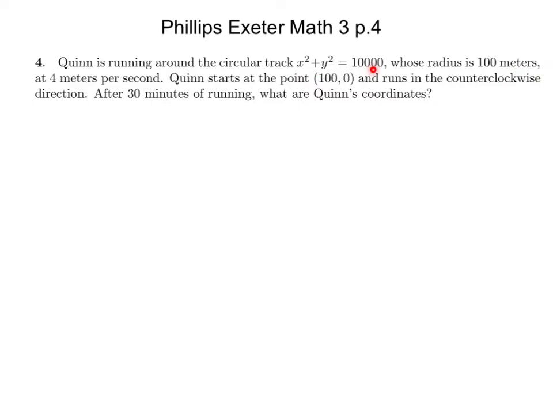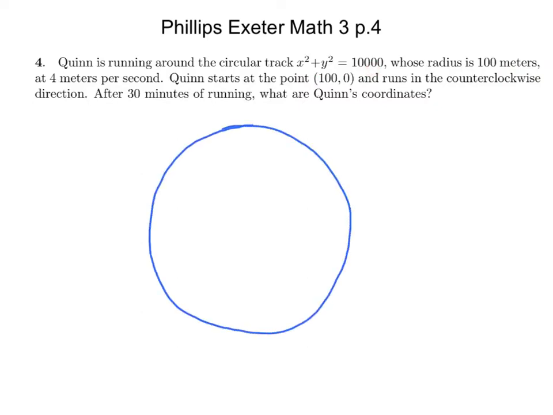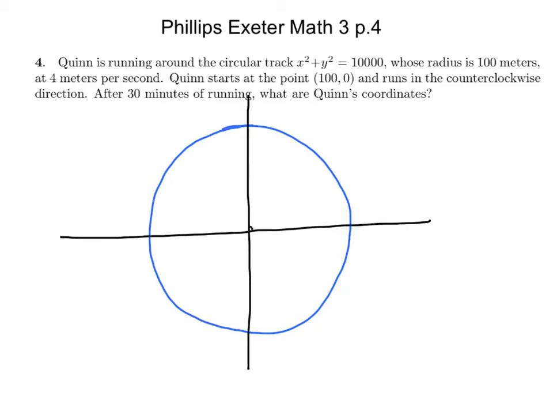So let's go ahead and sketch this. See my great circle art here. So we have our circle. The radius is 100, so I know this point out here is 100, comma 0.